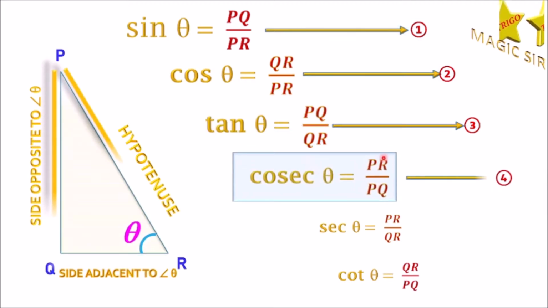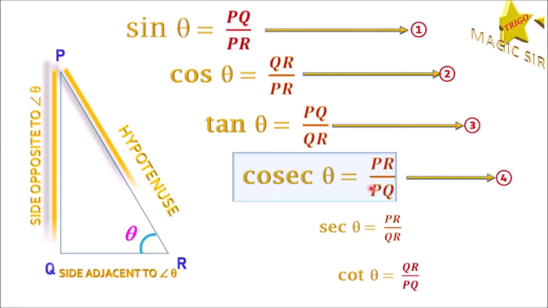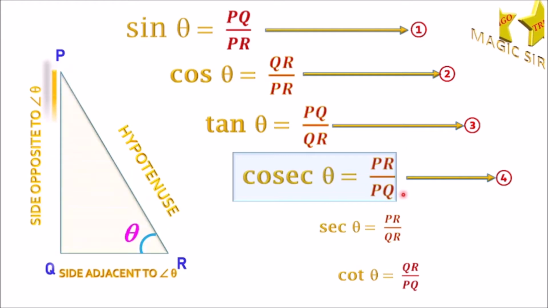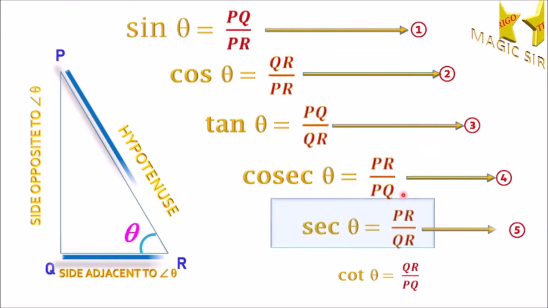Fourth, cosec theta is equal to PR upon PQ. That is hypotenuse upon side opposite to angle theta is equal to PR upon PQ. So cosec theta equal to PR upon PQ.